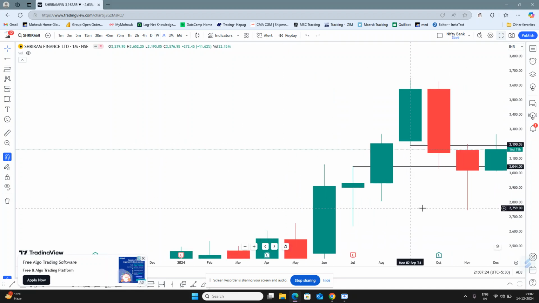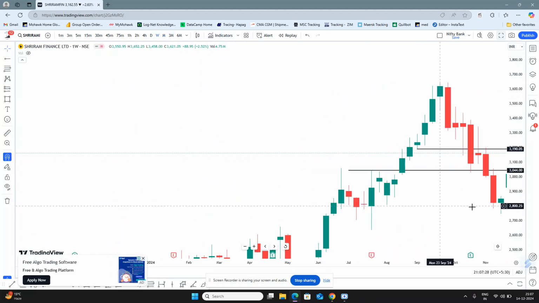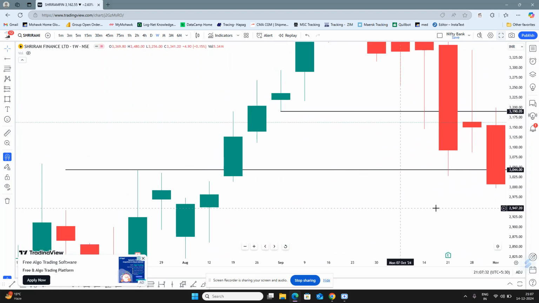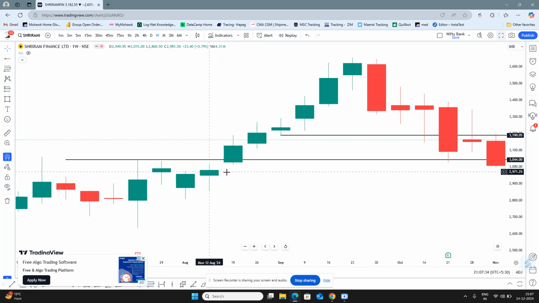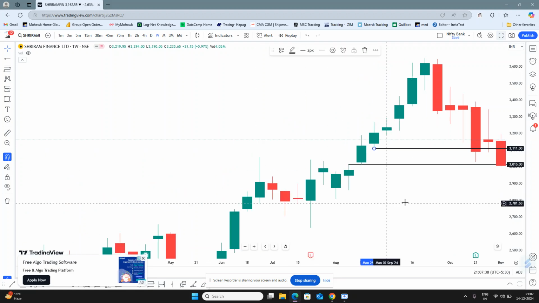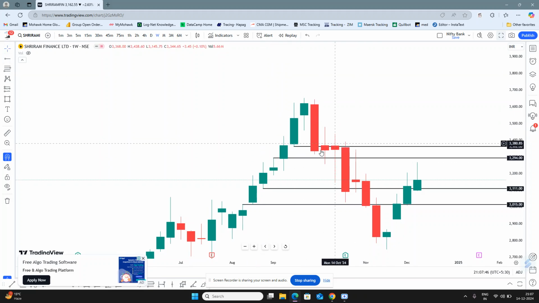So I will move to weekly now. Let's say what happened in weekly. In the nearest thing, what I see in weekly is this candle and this, right, on weekly. I might see some more. Now see this. So prices are leaving the gap there, right? This is the all-time high.